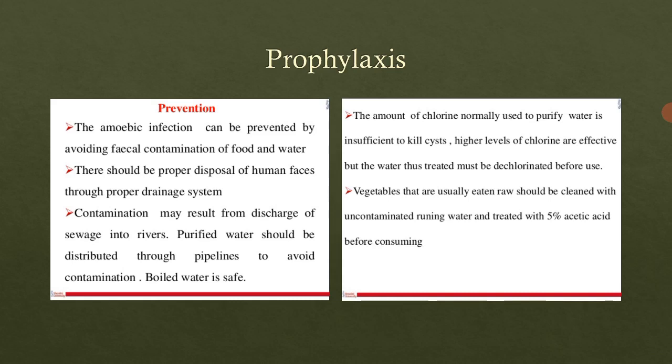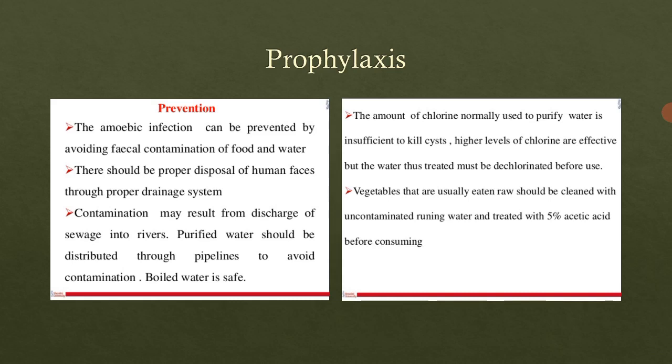Purified water should be distributed through pipelines to avoid contamination, because if you take water directly from the river, it may be contaminated. More than that, boiled water is safest. The amount of chlorine normally used to purify water is insufficient to kill cysts, and that is why boiled water is preferable.